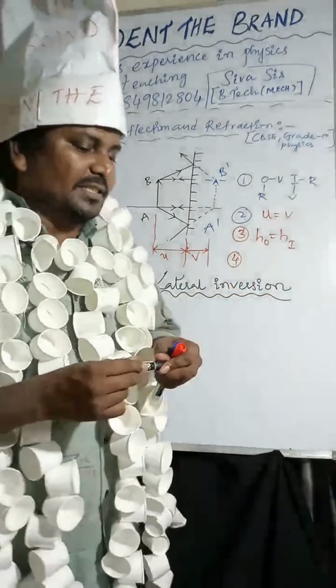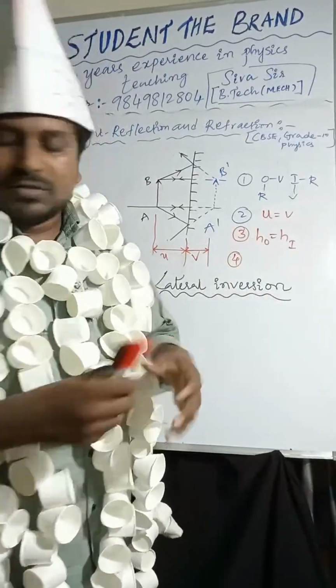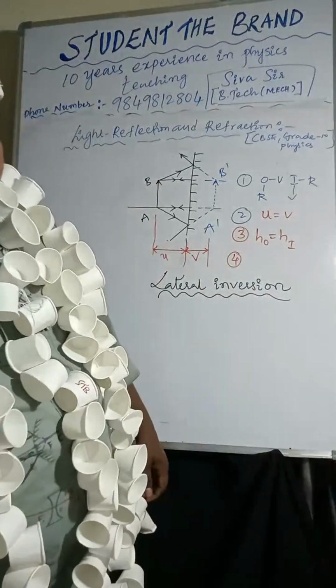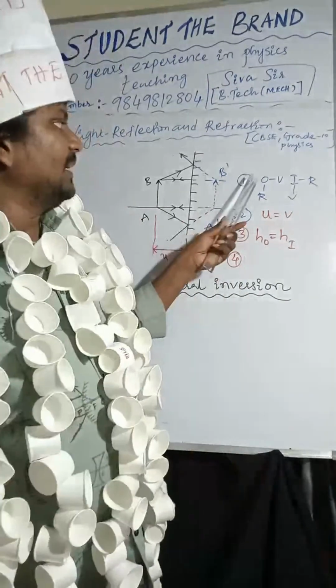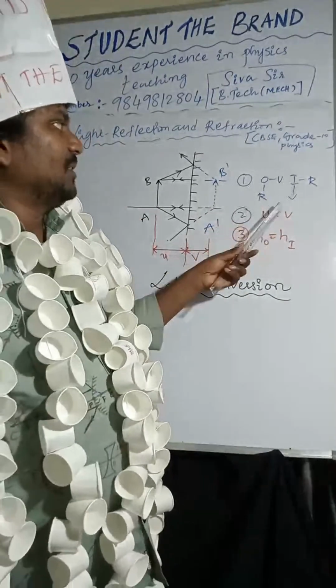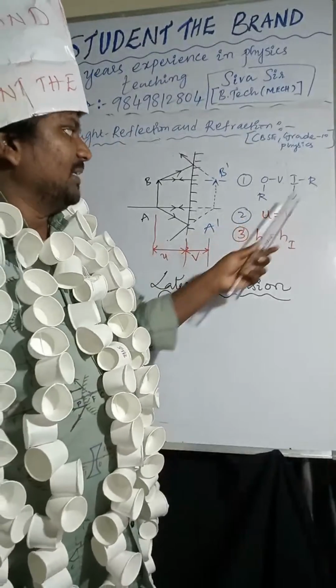Once again, you can check here. So three points are very, very important. What are the points we are discussing now? Object is real, image is virtual. Object is virtual, image is real.